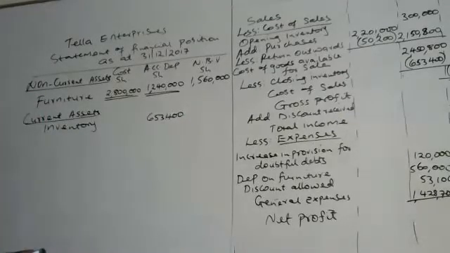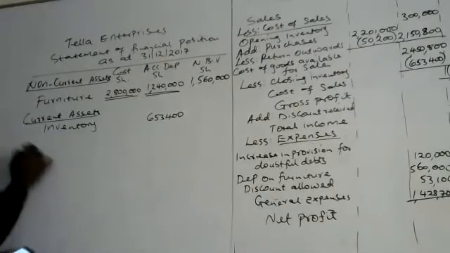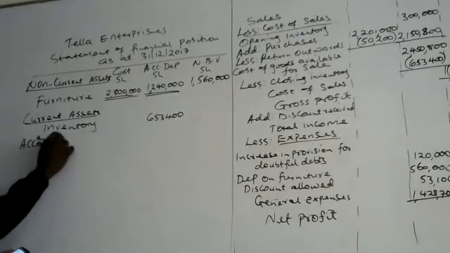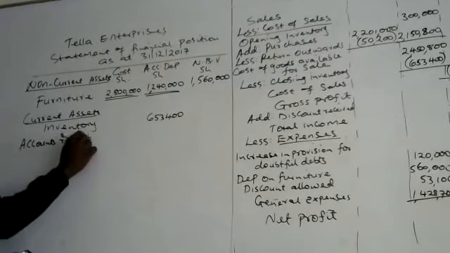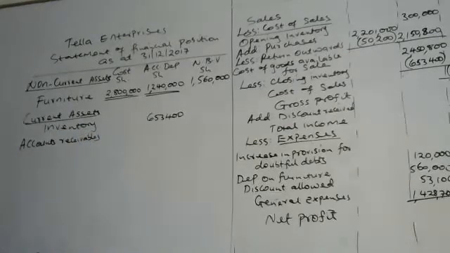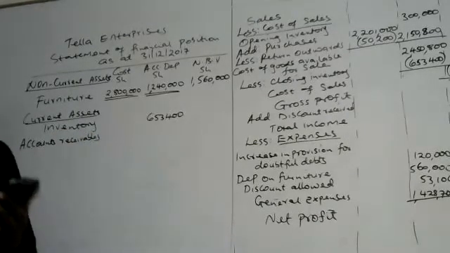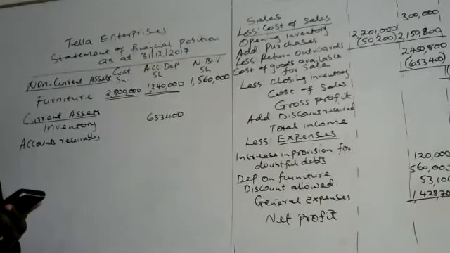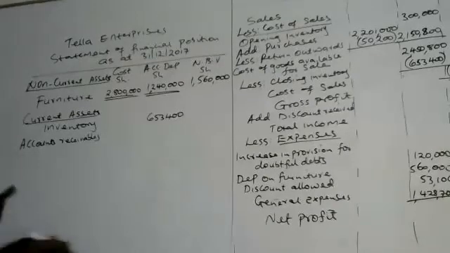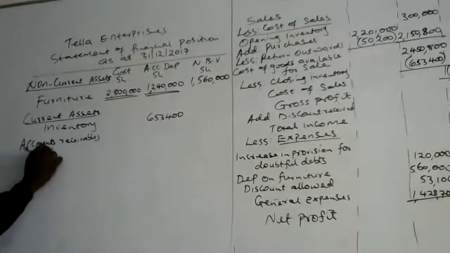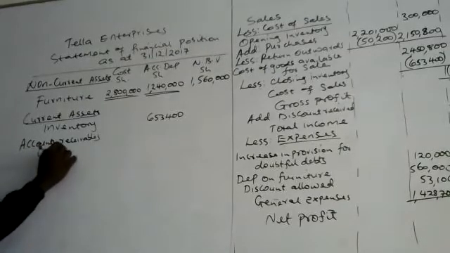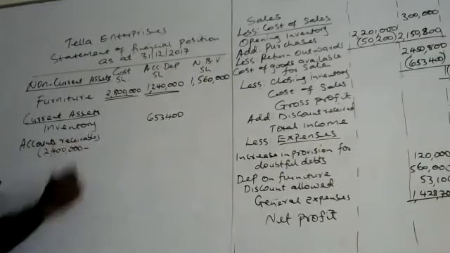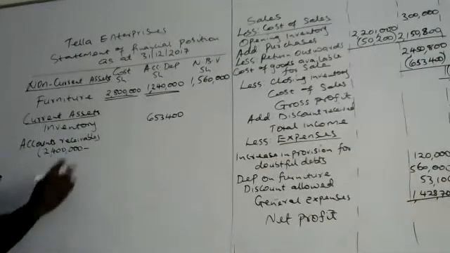Then we have got the accounts receivables, which are actually the debtors. The accounts receivables, we are given there, was 2,400,000. This one requires some adjustment.